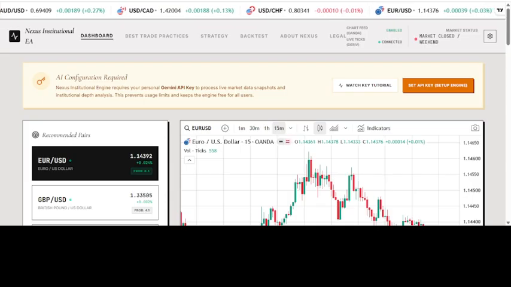So today I have something very special that I've been working on, developing, coding, and programming. It's the Forex Trading Expert Advisor, working with AI, artificial intelligence, to come up with trade recommendations for me, and I've called it the Nexus Institutional EA.